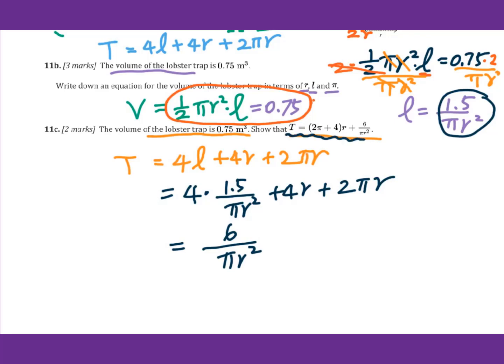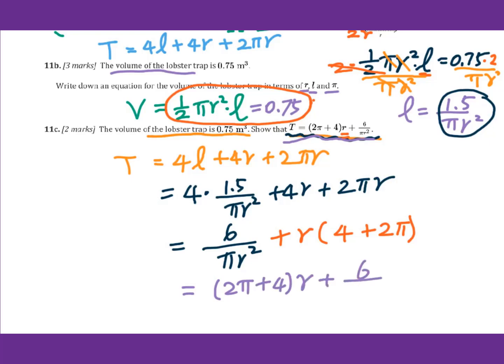According to the expression we are looking for, we need to factor this r. So we take out r, 4 plus 2 pi. Then we organize into this format. We can write down 2 pi plus 4 r plus 6 over pi r squared.